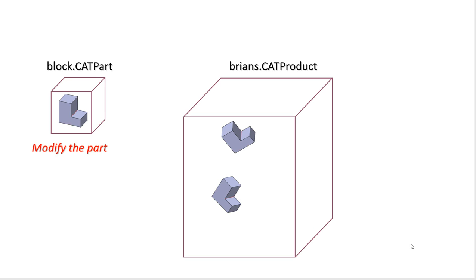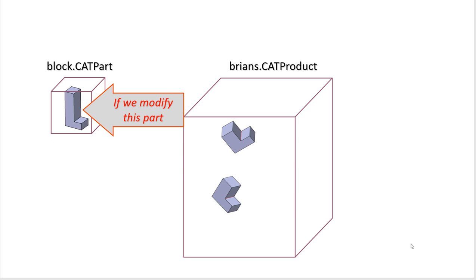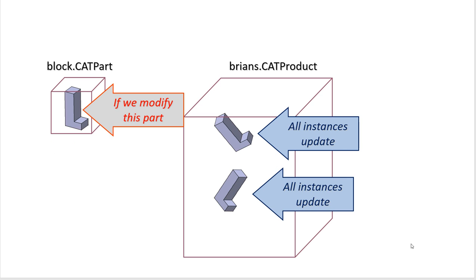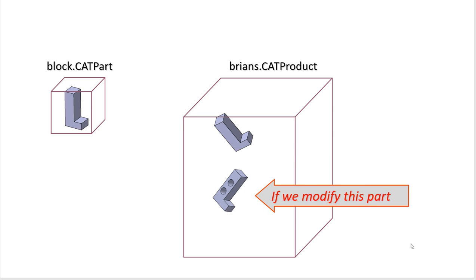If we modify the part, here we've made the part taller, all visualizations of that part in the product would also be changed. Now, can we actually modify a part in the product? The answer is yes, but it's through a little bit of trickery. We actually go into part design mode within the product.